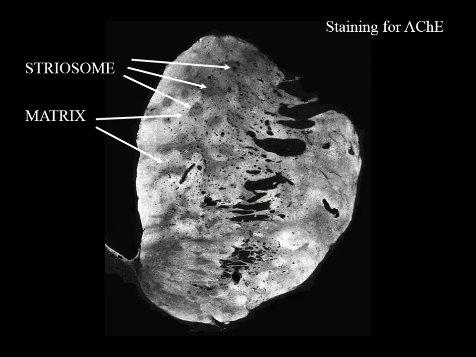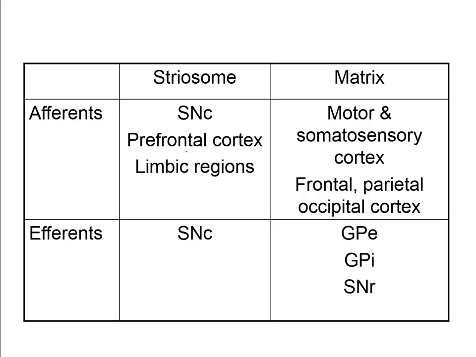They were named matrix and striosome, stria being the abbreviation for striatum. And there's some difference in what comes in and what goes out of them. We still don't have a really good handle on how they function differently, but they must, because we know that what we typically think about as the basal ganglia circuitry is what happens in the matrix. What goes on in the striosome is something else.